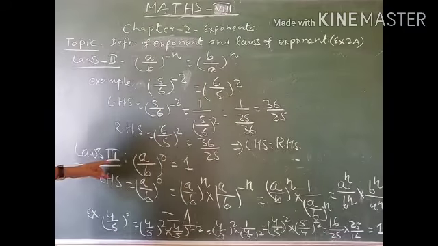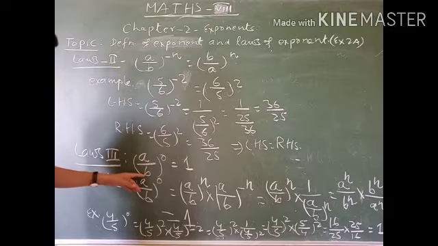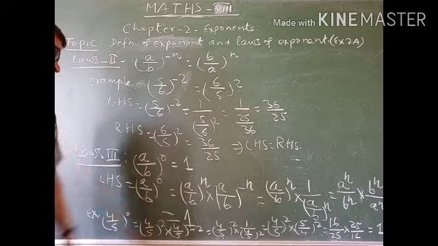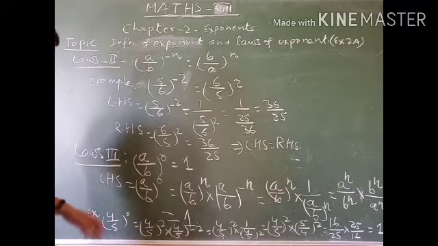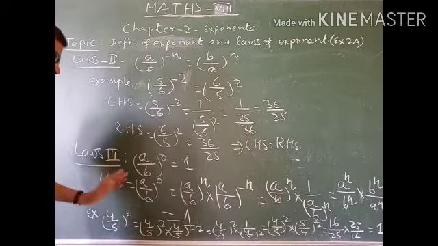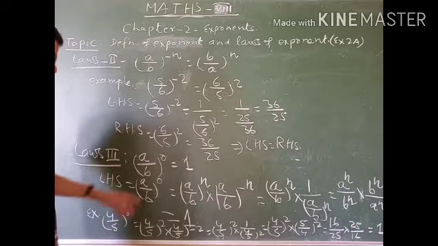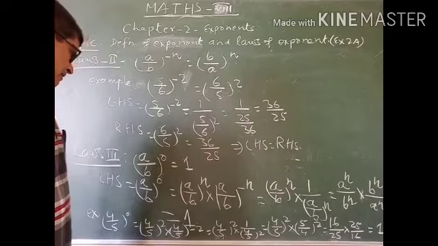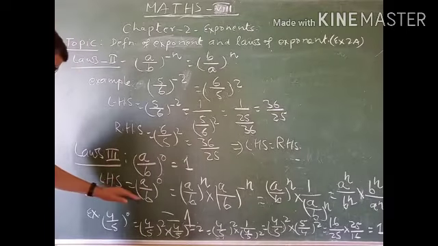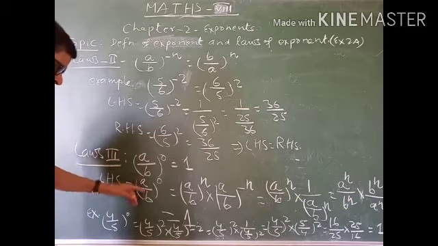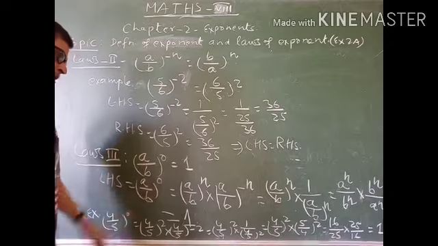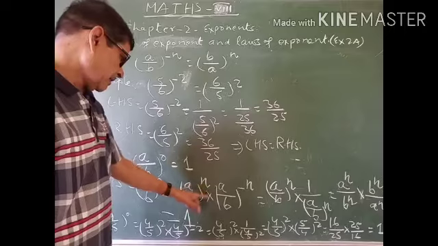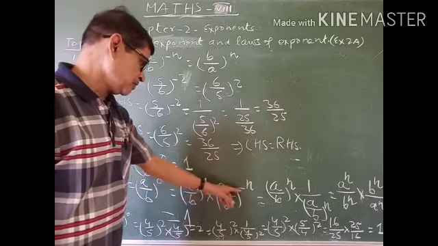Now come to the third law. a by b to the power 0 equal to 1. It means any rational number whose exponent is 0 will be equal to 1. I am giving you an LHS, a by b to the power 0. a by b to the power n into a by b to the power minus n.